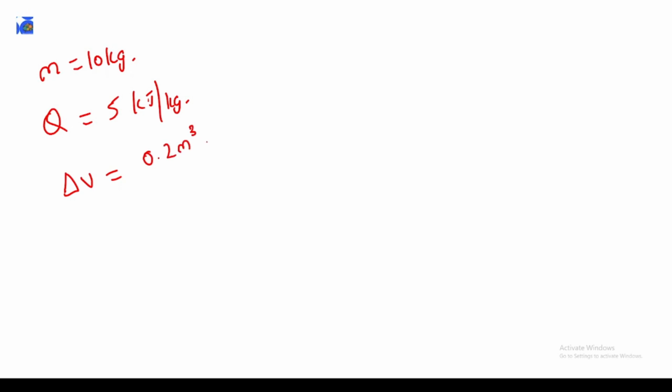So we have been given the mass of the helium as 10 kg, and heat received Q is plus 5 kilojoule per kg, and the change in volume, because the volume increases by 0.2 meter cube, and pressure is constant and that value is 100 kilopascal.